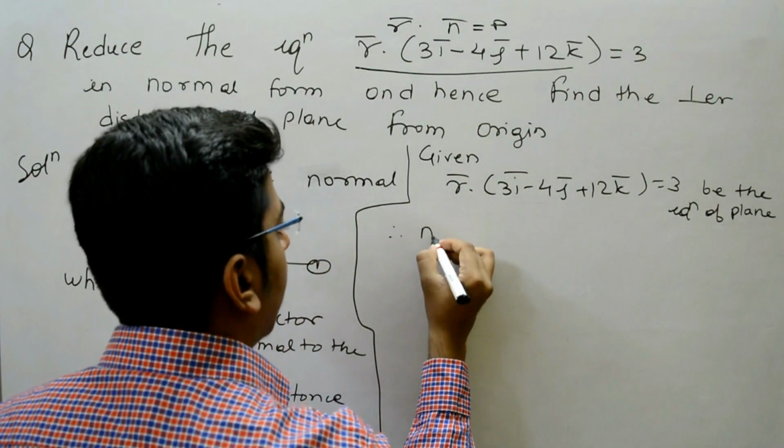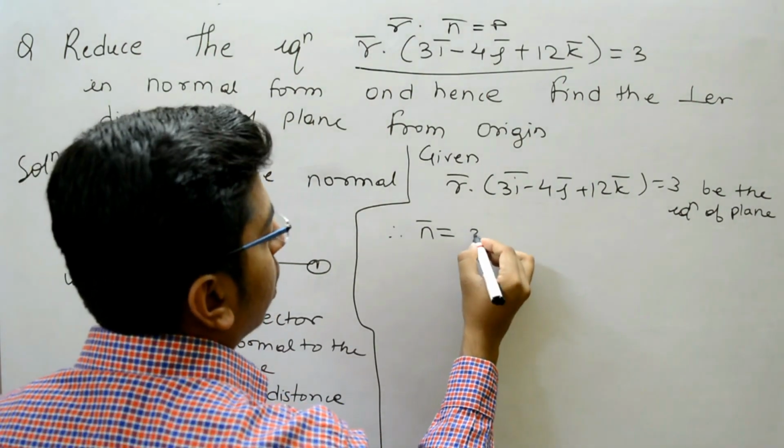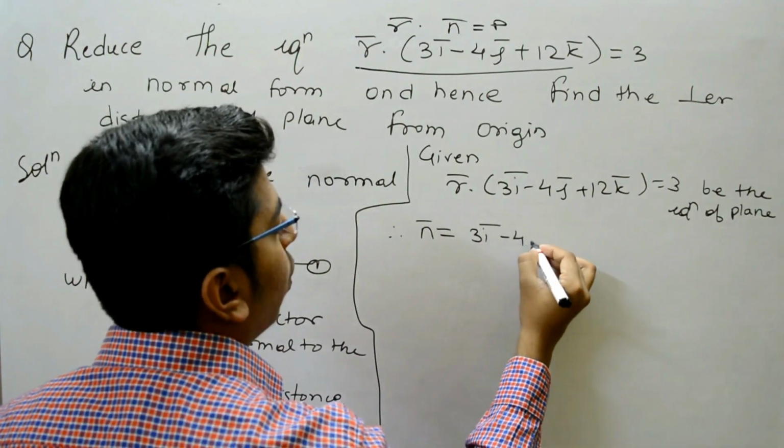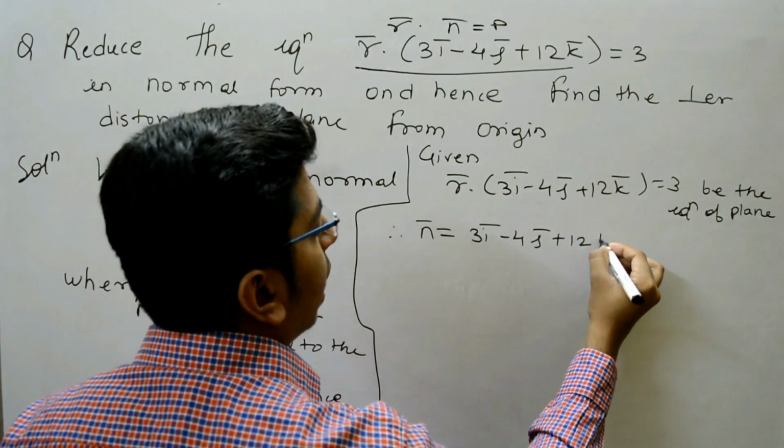Therefore, n bar is equal to 3i bar minus 4j bar plus 12k bar.